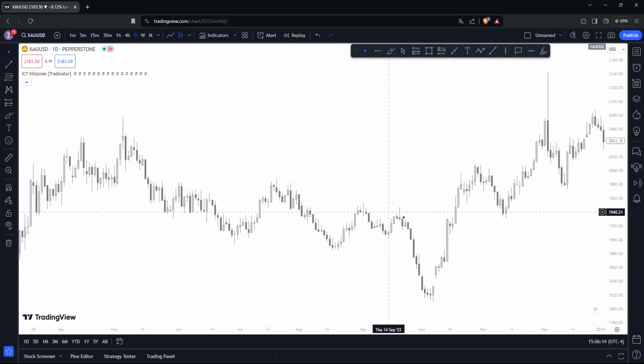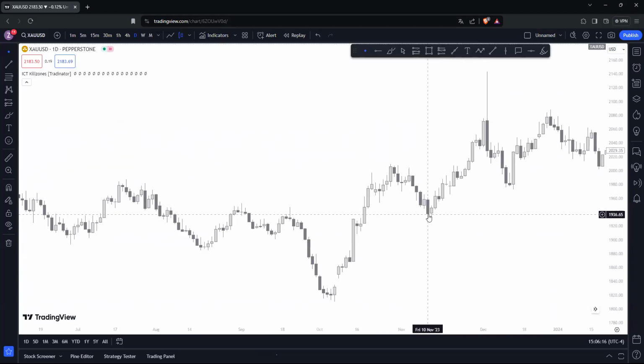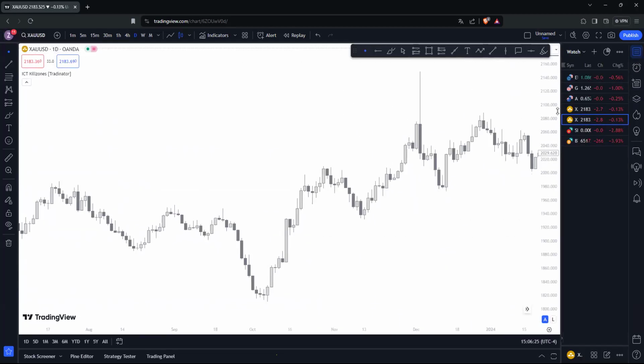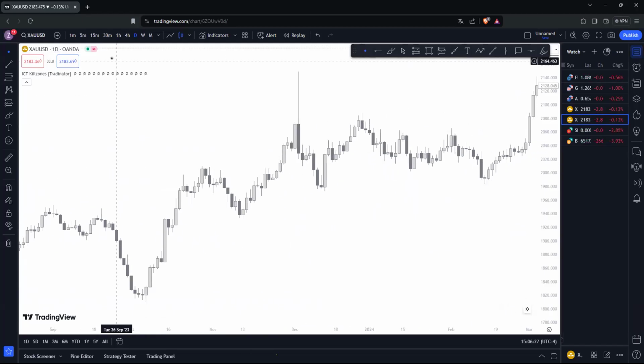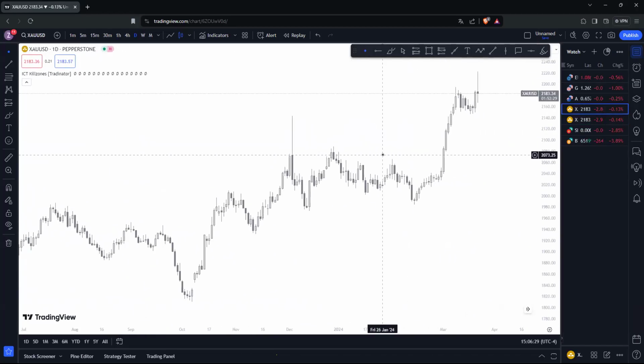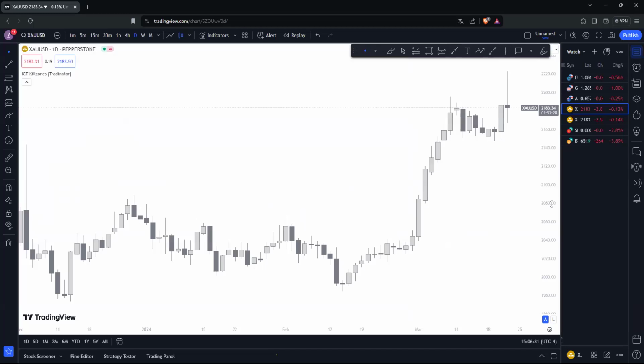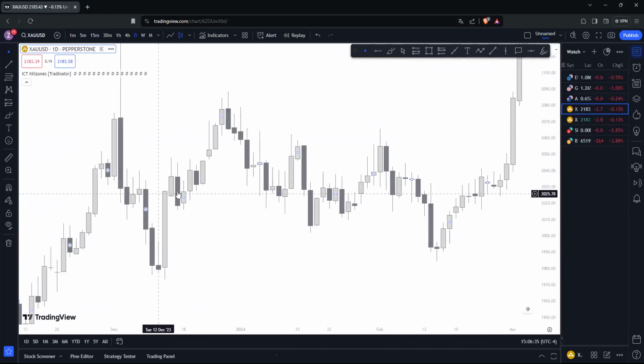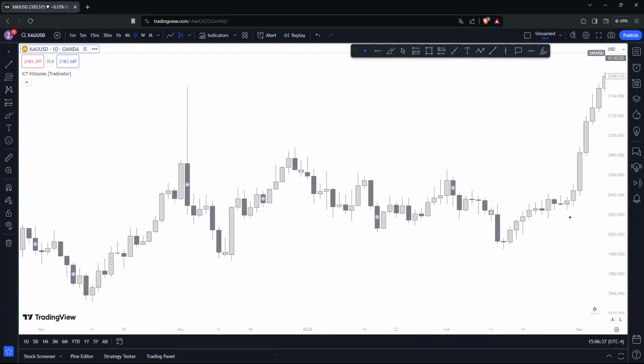There are levels that started swing moves that you could not identify. So I'm going to use Oanda today. The original broker that we use for our analysis is Pepperstone. It has very precise price action, but to avoid confusion for you, like this gap right here or some stuff like that, we're just going to use Oanda.